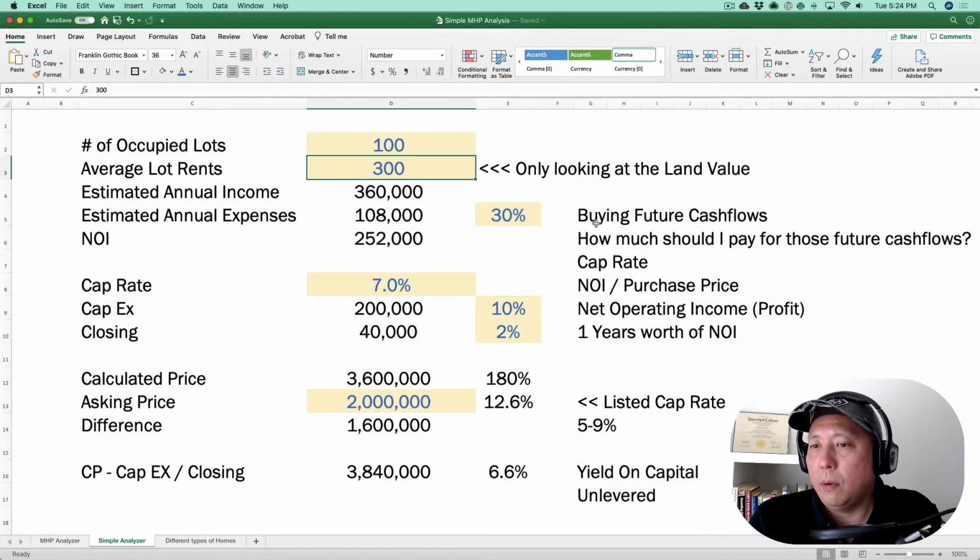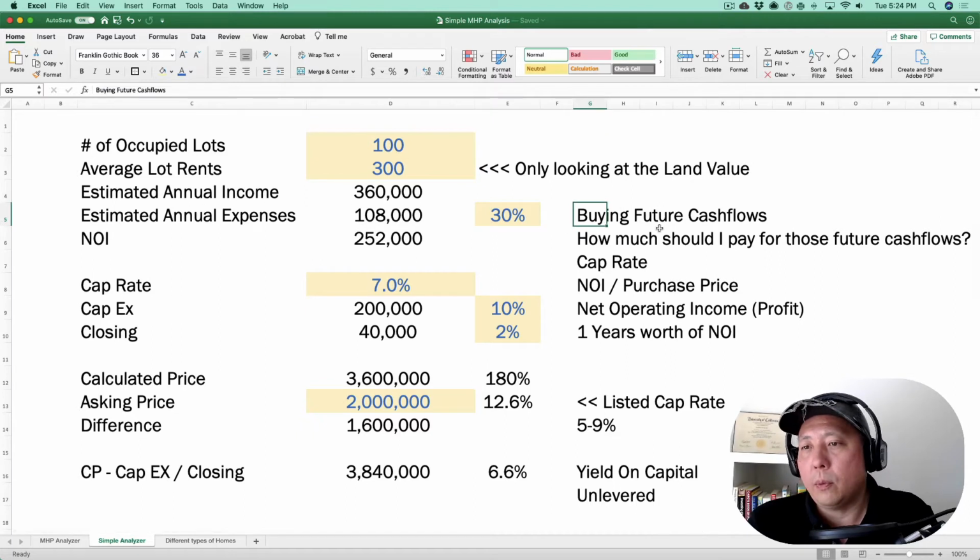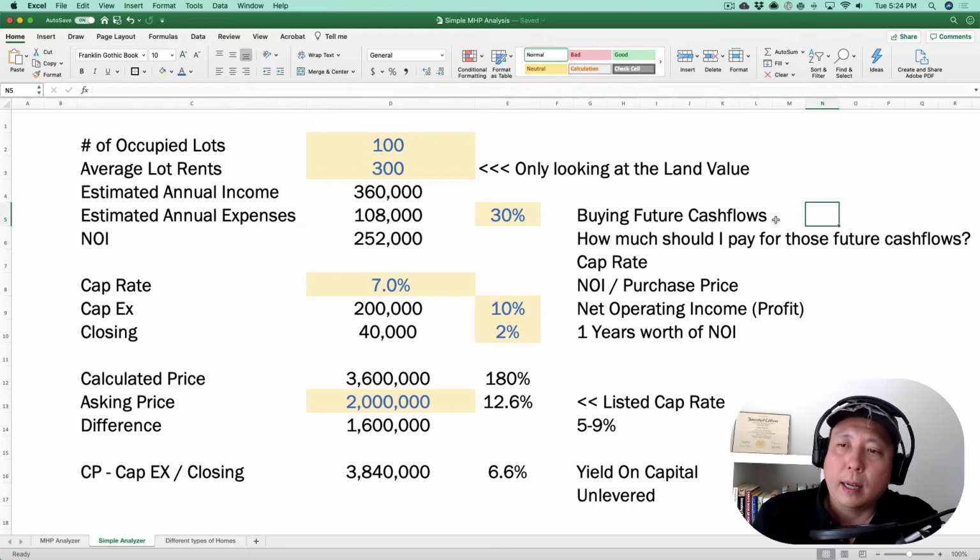So let's start by just reviewing what it is that we're actually doing whenever we invest. Whenever we invest, we are just buying future cash flows. That's all we're doing. We're just paying today for future cash flows. The future cash flows may come in the form of monthly rents. For example, you may buy an apartment building for $1 million, and every month you get back $2,000, $3,000, $4,000, $5,000 in cash flow from that $1 million purchase.